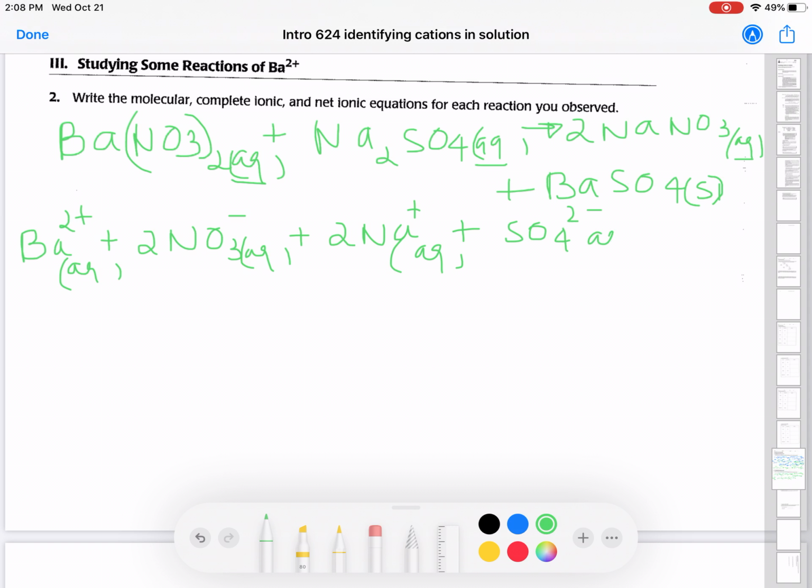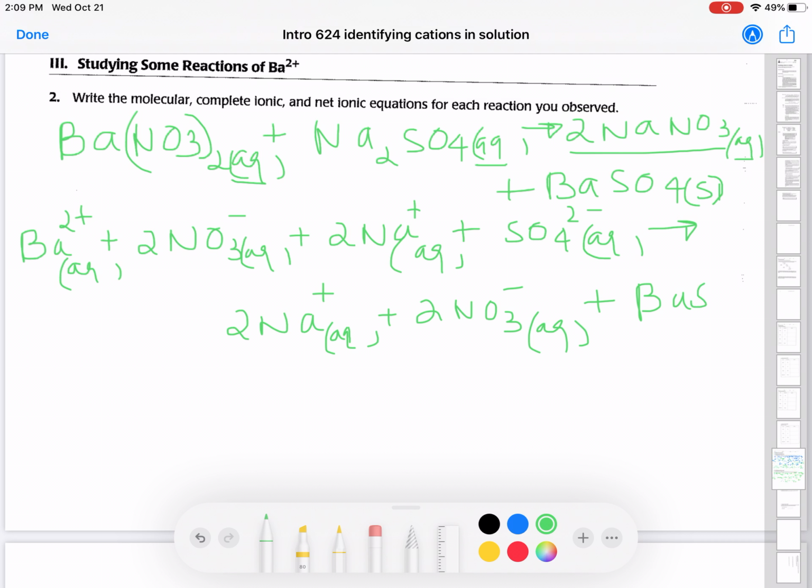The charge of the sulfate ion is 2 minus, you need to write that down, and 2 sodium ions in sodium nitrate. Sodium is plus 1 charge, aqueous, plus 2 nitrate, that is this one here. And then the barium sulfate, you do not break into ions because it's a solid, so you're going to leave it as barium sulfate solid.